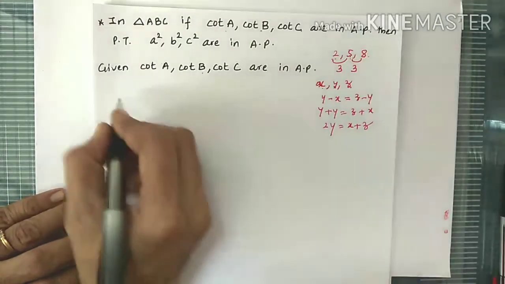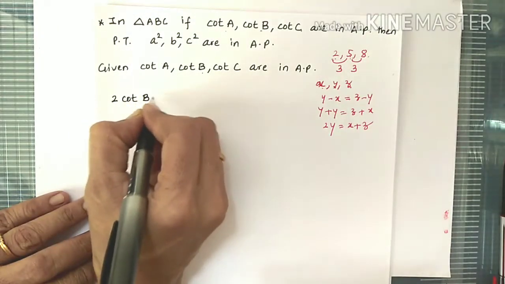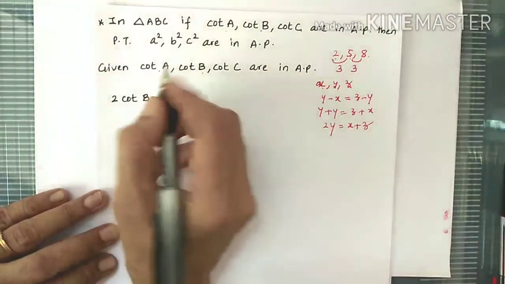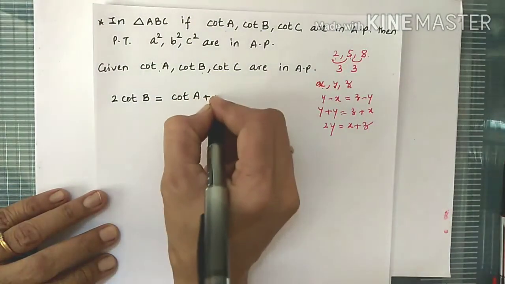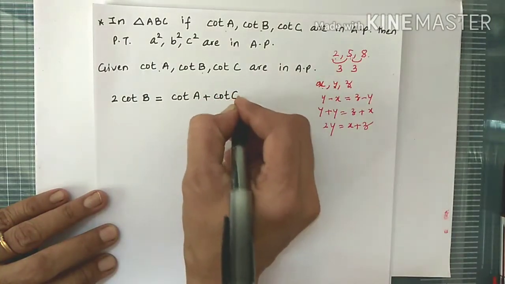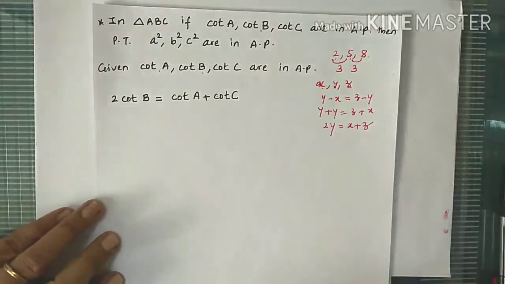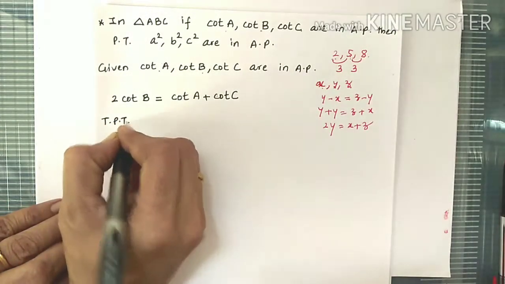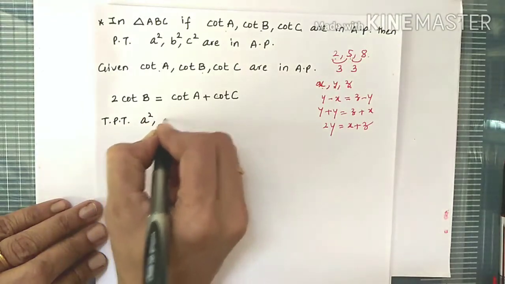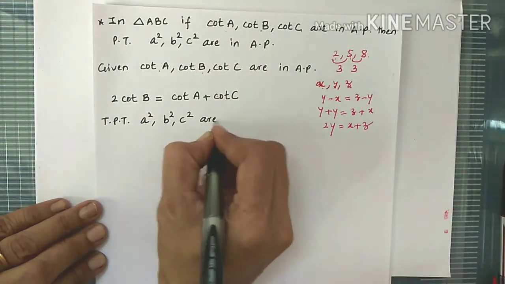That is chord of B. So 2 chord of B equal to sum of first and third term. First term is chord A and third term is chord of C. So we have 2 chord B equal to chord A plus chord C. So this is the given equation. Now what we have to prove is A square, B square, C square are in AP.